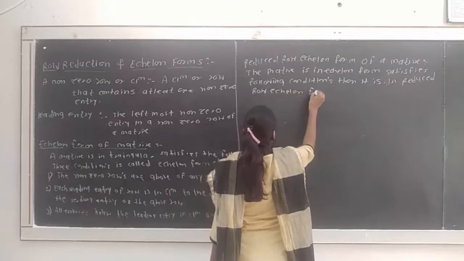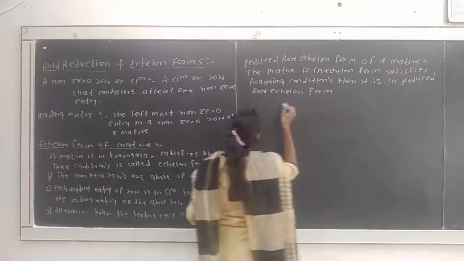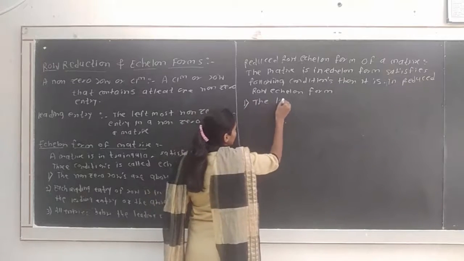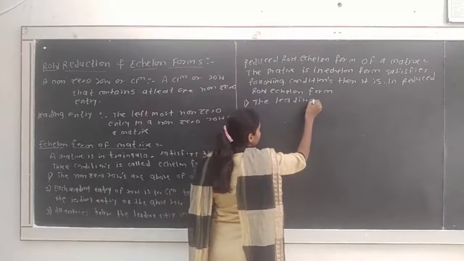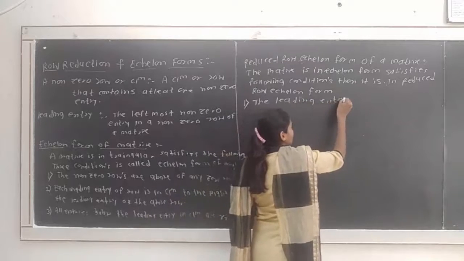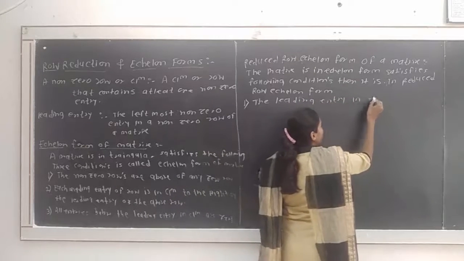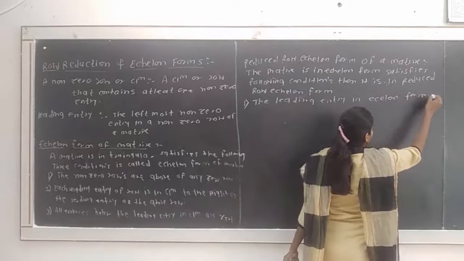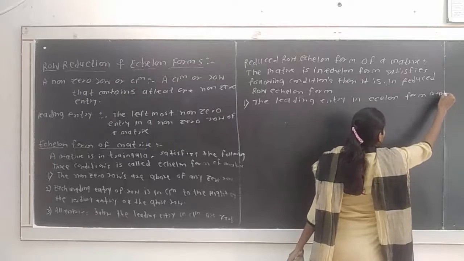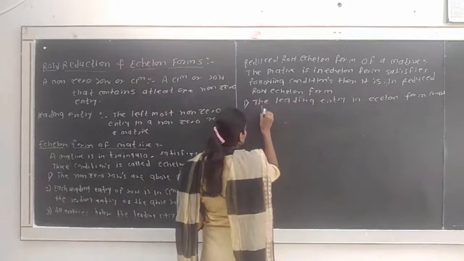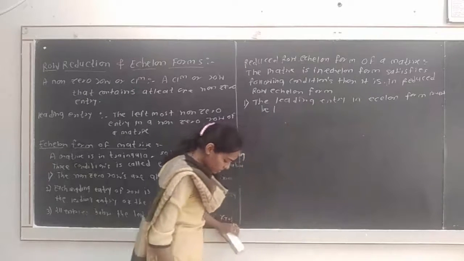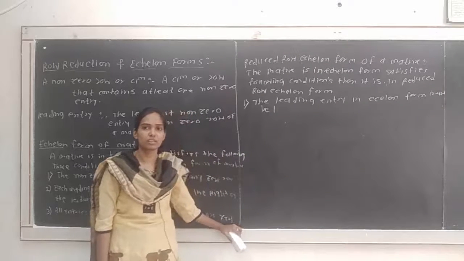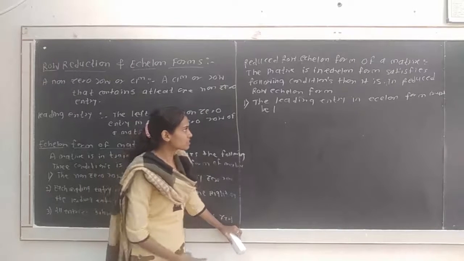So I write those conditions. The first condition is that the leading entry in echelon form must be 1. So the leading entry in the echelon form of a matrix must be 1. That is the first condition.